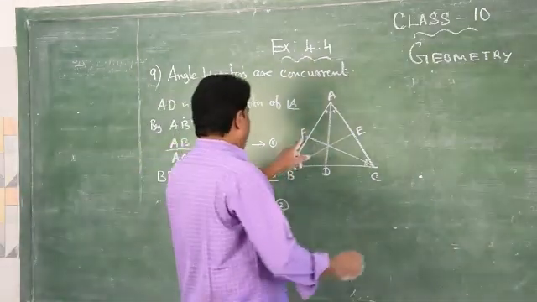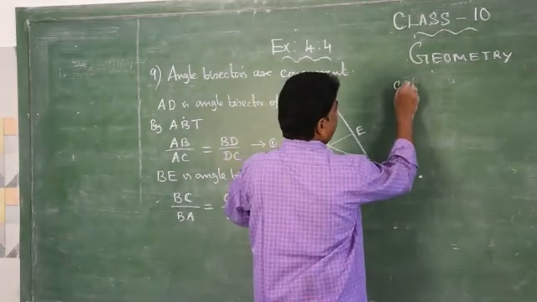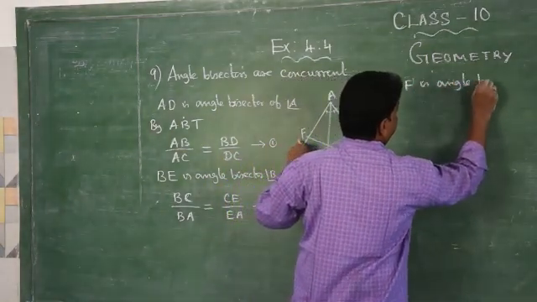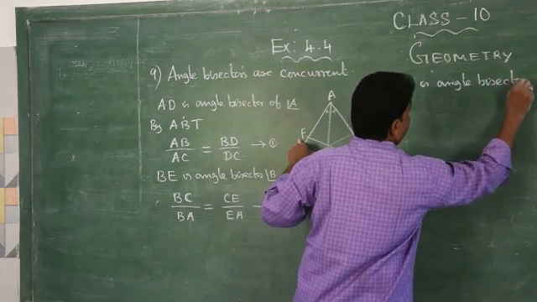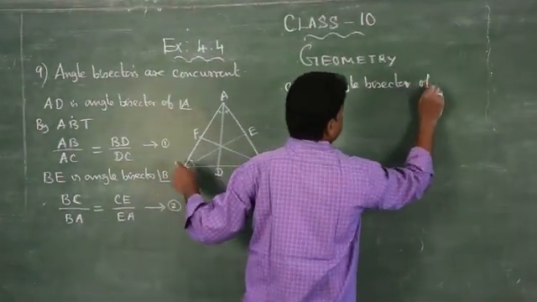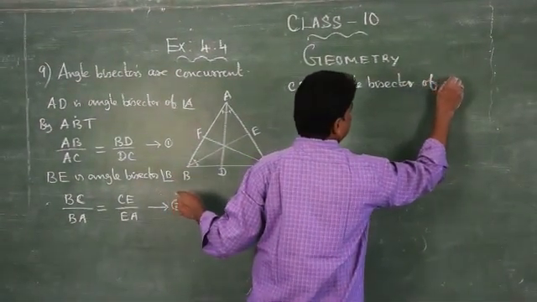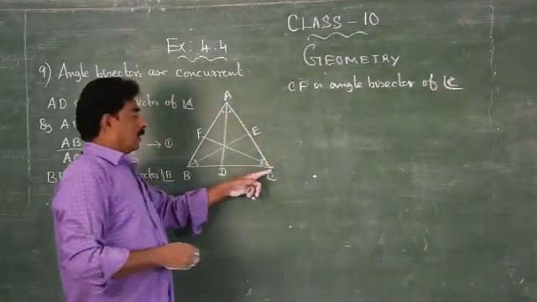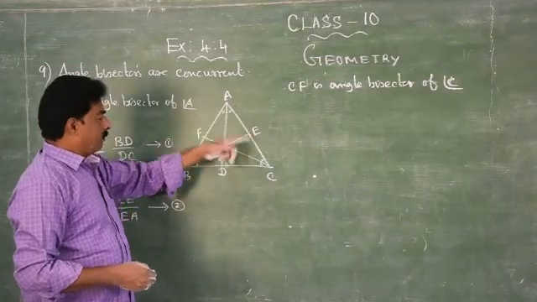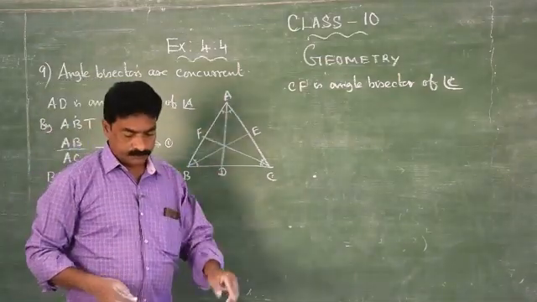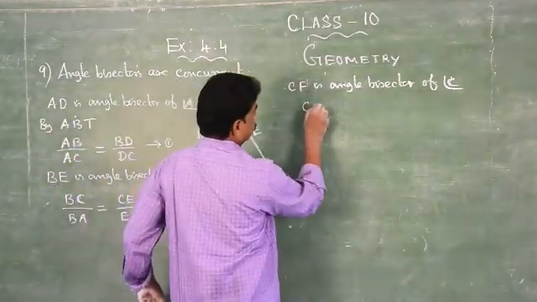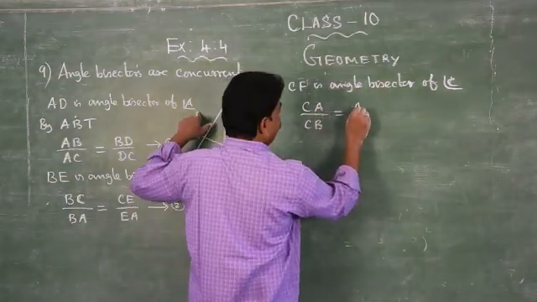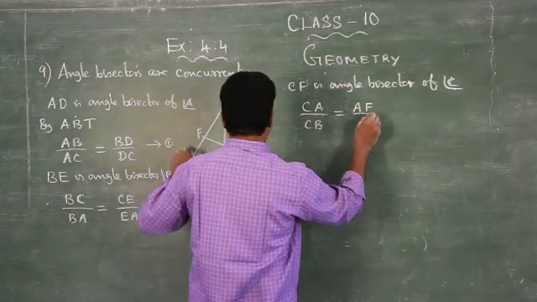In the same way, CF is the angle bisector of angle C. So CA by CB is equal to AF by FB.